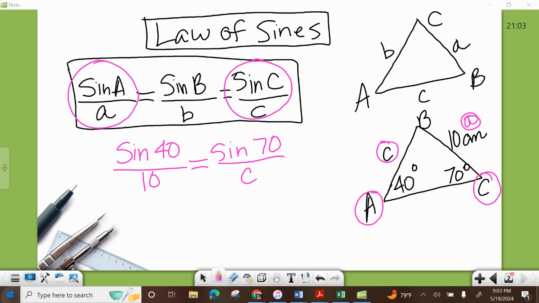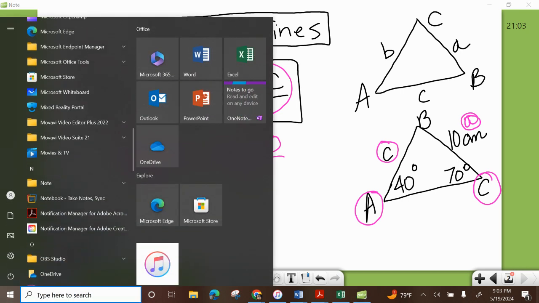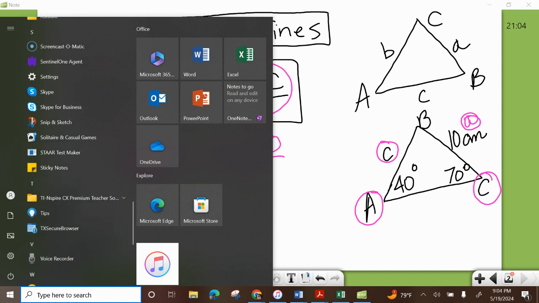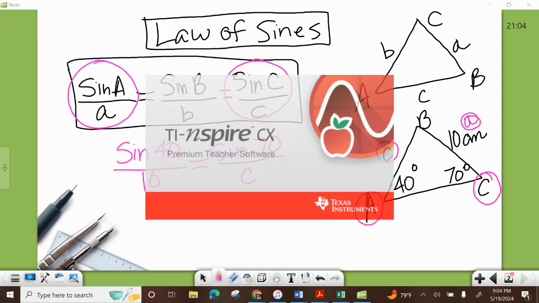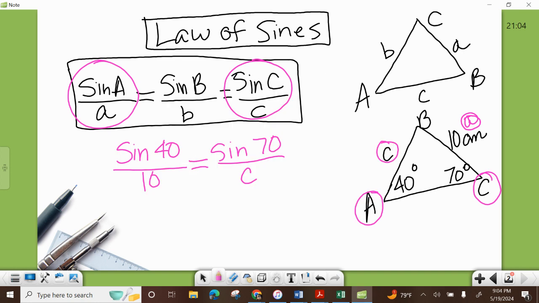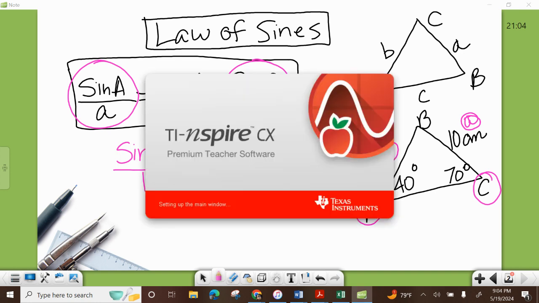So I'm going to actually open up my calculator application so that I can show you how to do this on the calculator. So I'm going to open up the Inspire. And you can use Desmos if you choose to use Desmos. In fact, I might use Desmos here. I like using the Inspire because it's what we use in class, but Desmos is perfectly fine for this.